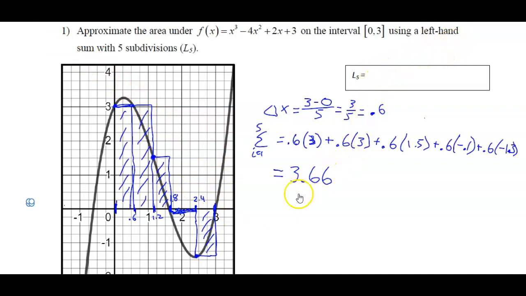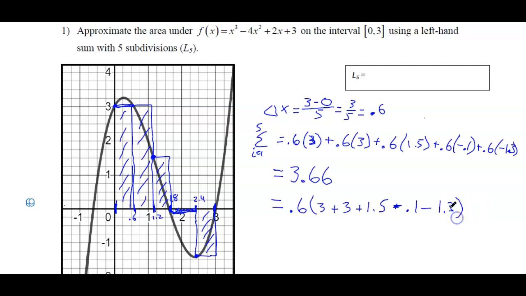Now, one way of computing this, if you don't want to write down all of these 0.6's, is you can factor that 0.6 out of there. So you could say 0.6 times this 3 plus 3 plus 1.5 plus or minus that 0.1 minus 1.3.